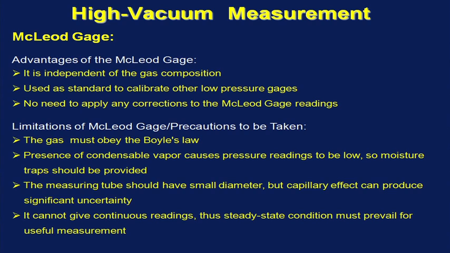Since the working of the McClure gauge is based on the compression of the gas, the gas must obey Boyle's law. Presence of condensable vapor causes pressure readings to be low, so moisture taps should be provided.